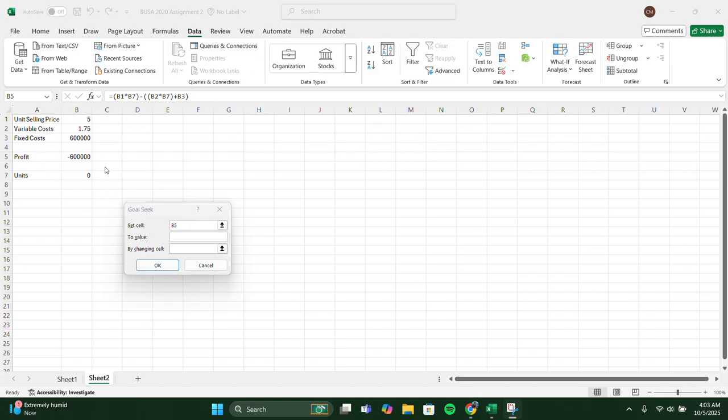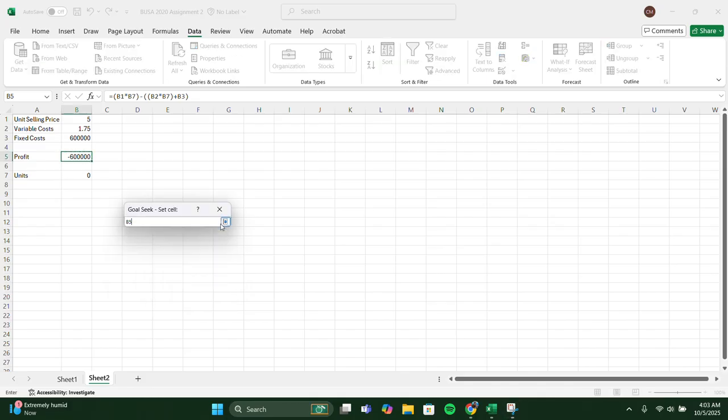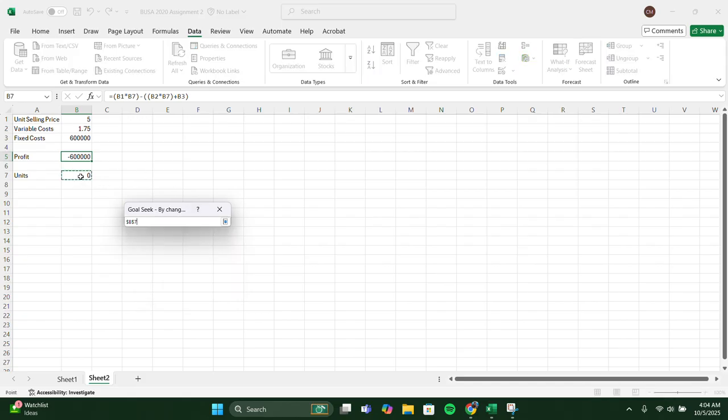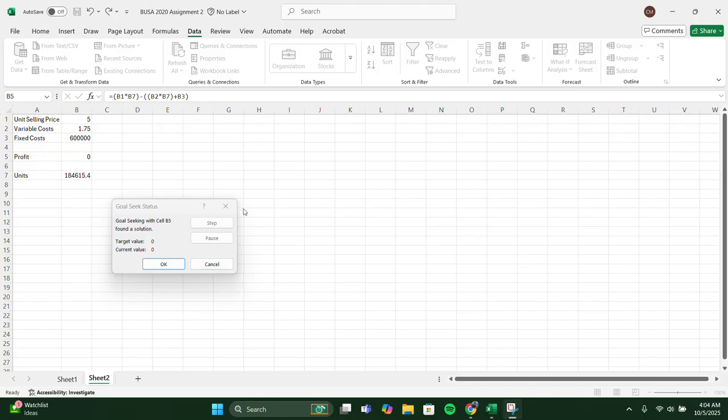We're going to set this cell, profit, to value 0, which is going to be the break-even point, and then we change the cell to units. Then press OK. That's done.